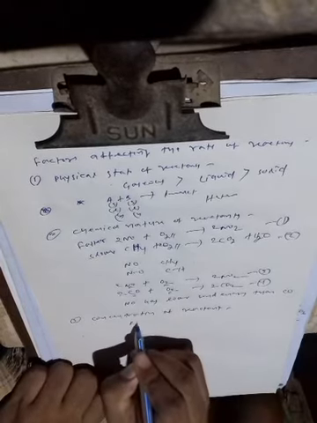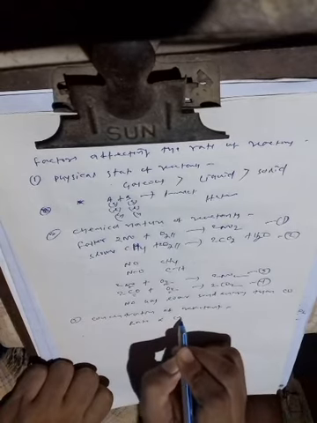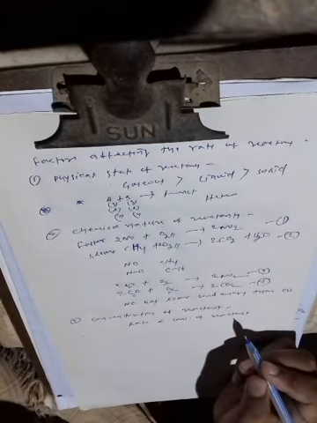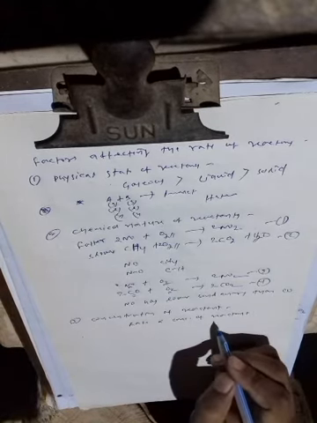Then the next factor is concentration of reactant, a very important factor. As you know, the rate of a chemical reaction is directly proportional to the concentration of reactant. Rate is directly dependent on reactant concentration. It means when the concentration of reactant is more, the rate is faster.